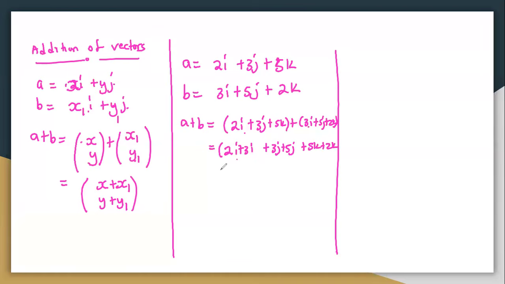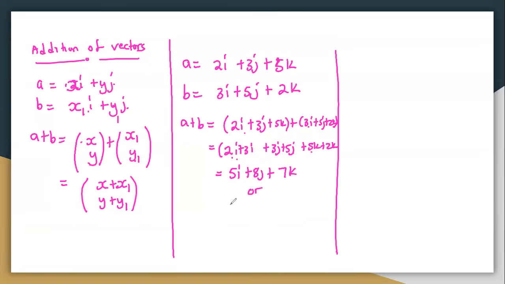So the i's and the i's can be added together. 2i plus 3i, you end up with 5i. 3j plus 5j, you end up with 8j. Then the 5k and the 2k, you end up with 7k. That is okay. And remember, when you add vectors, you remain with those components of i, j, and k.